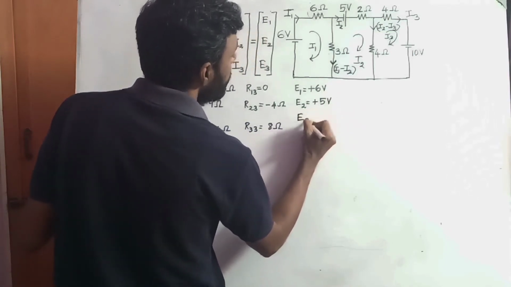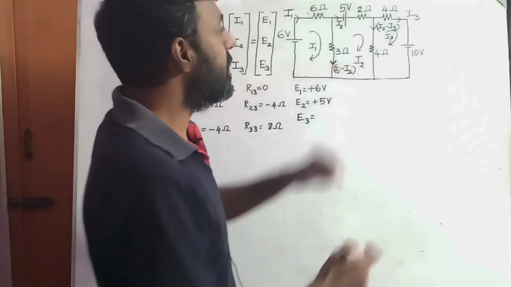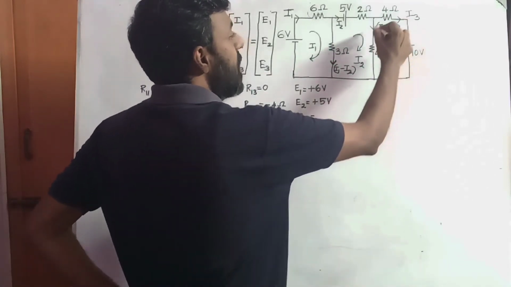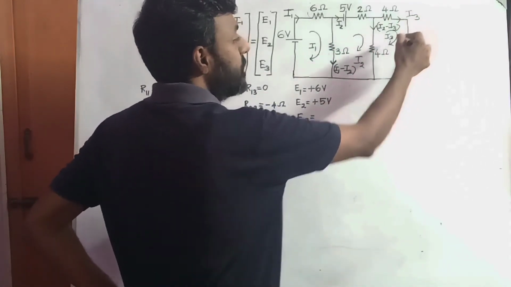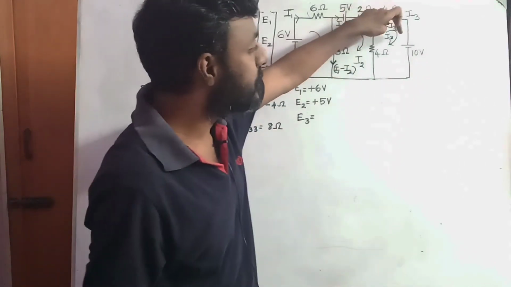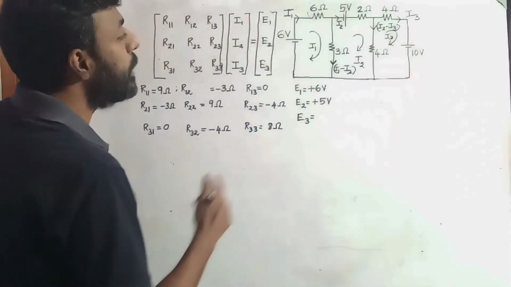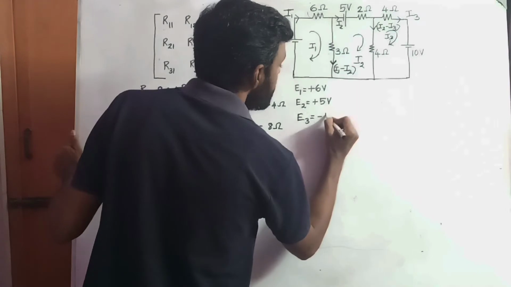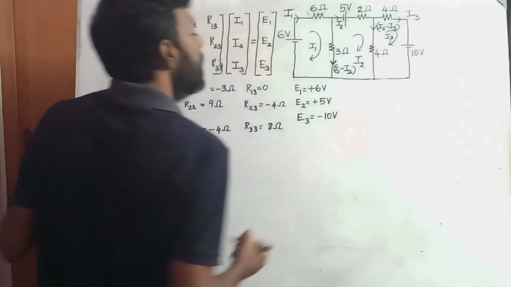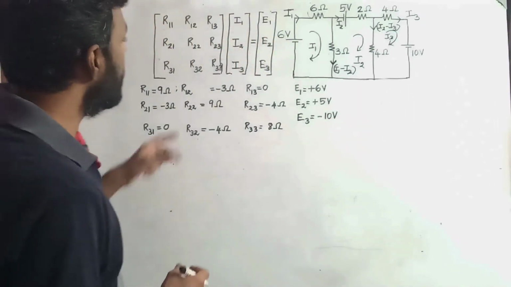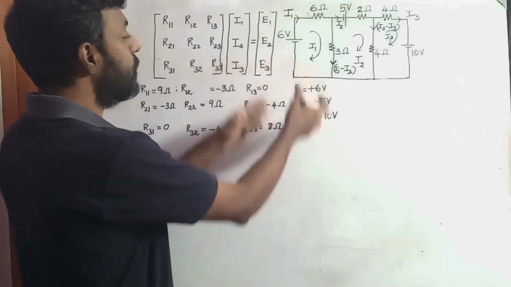Then E3 battery: I am traveling in this direction, and I encounter the positive terminal first, moving from positive terminal to negative terminal. So I need to attach a negative sign, minus 10 volts, to my E3 value. These are the values that I had found.